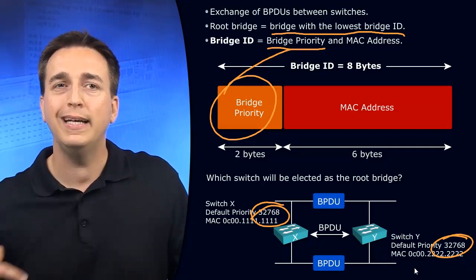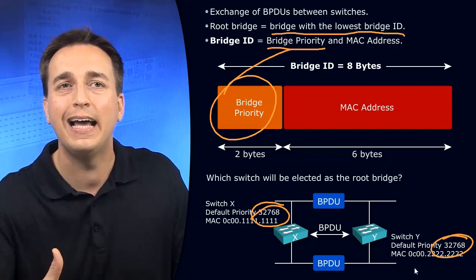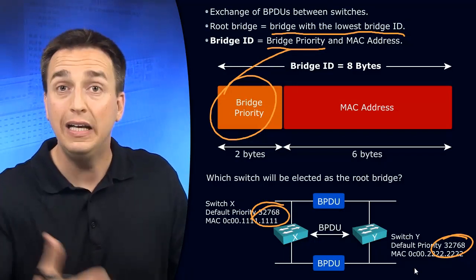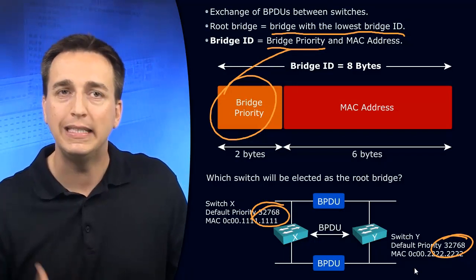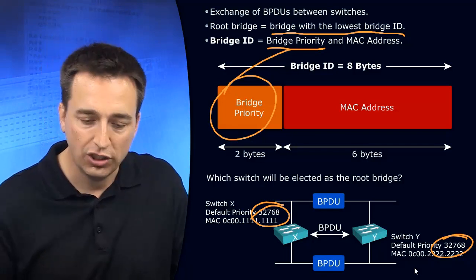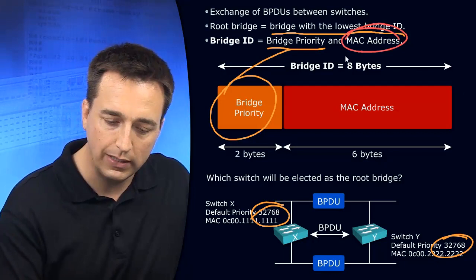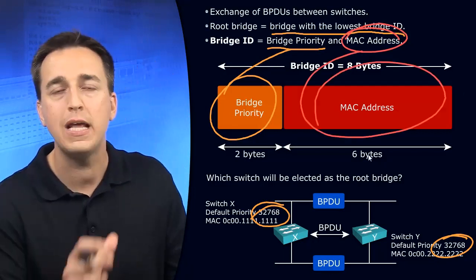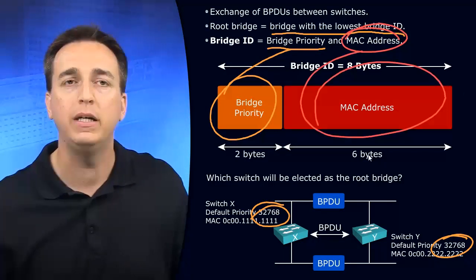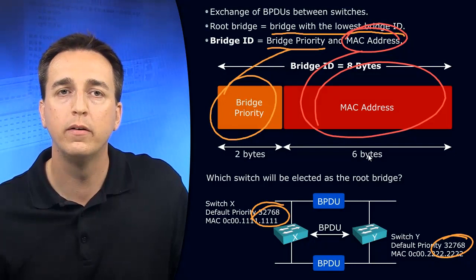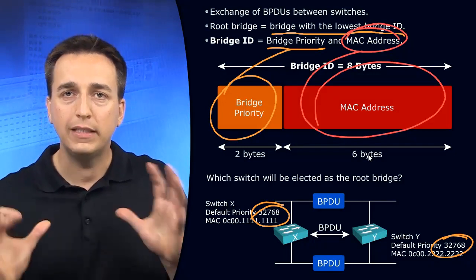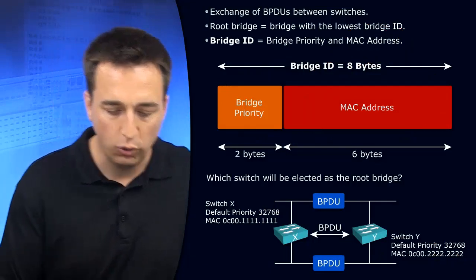So this information is inside the bridge ID in that bridge protocol data unit that's being sent. In addition to that, there's a second portion, which is the MAC address. And we see the MAC address right here. So a 48-bit MAC address is being sent as well. So now this information is compared between the two switches.